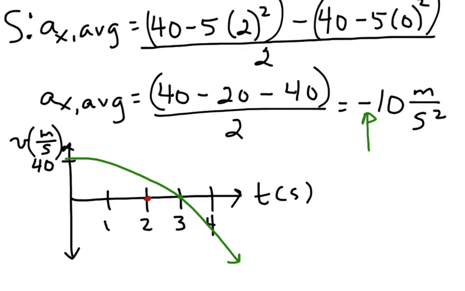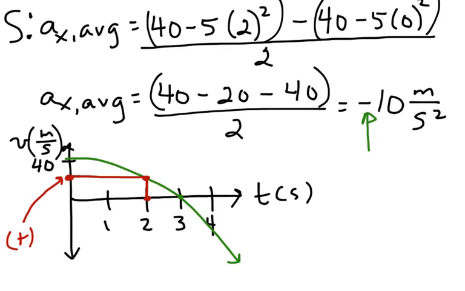Here's 2 seconds. And I'm going to come up to where my red line meets my green line. And I'm going to come over to the vertical axis here where velocity is. And what I want to look at is, is this a positive value or not? And this right here is a positive value.